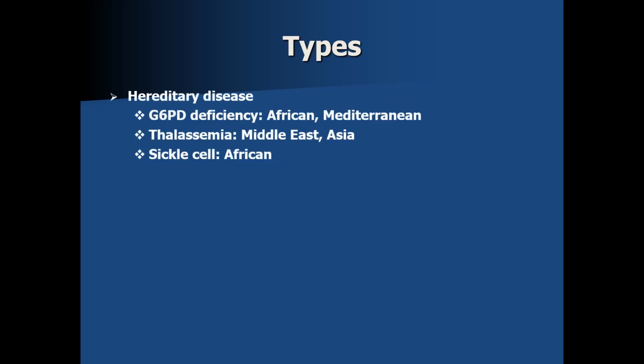There are also hereditary forms of anemia where hemoglobin variants are genetically transmitted. Each of these leads to varying degrees of hemolytic anemias triggered by different physiological circumstances. These include G6PD deficiency, thalassemia, and sickle cell anemia, which is primarily found in people of African descent.